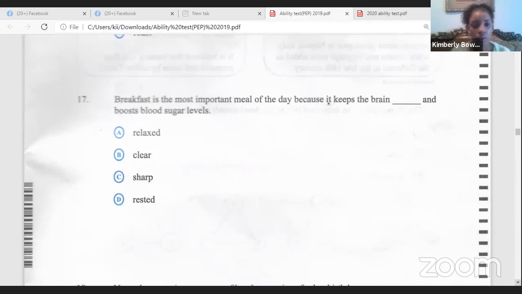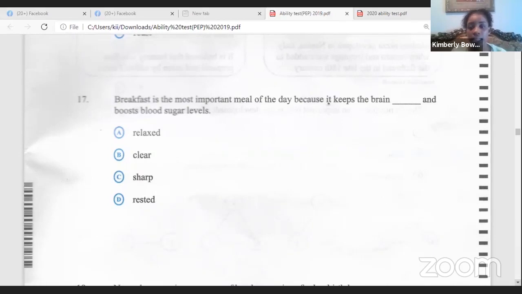So it looks as if those two words, the top and the bottom, are synonymous, and B and C are synonymous. But the main gist of this question is to select the most appropriate word to complete the sentence.